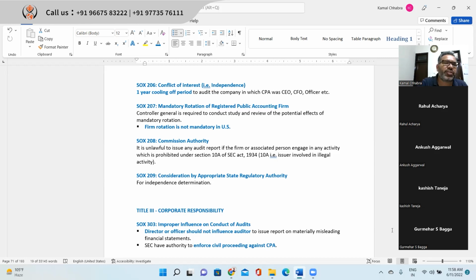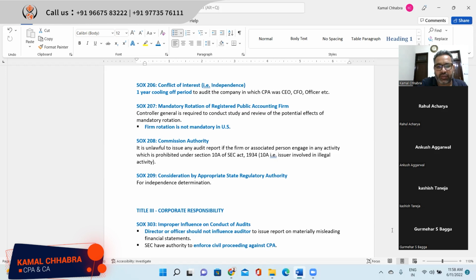We also discussed Section 11 of 1933, which says the person is being involved in illegal activities. That is also unlawful for conducting the audit of any such company, or if the auditor is being involved in illegal activity, that also comes under the Commission's authority.